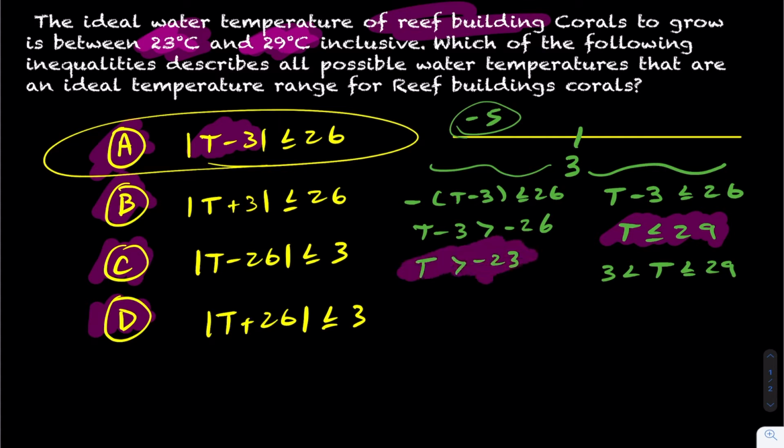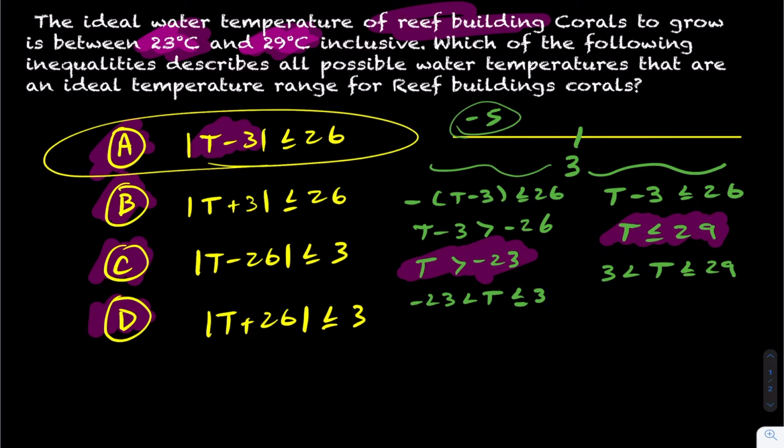So now what we have here is the solution to the left-hand side of the number line. The solution to everything less than 3 is all values of t greater than negative 23, which means this interval goes from negative 23 is less than t is less than or equal to 3. You can put the equality on either this one or this one. It's fine. They're both the same.